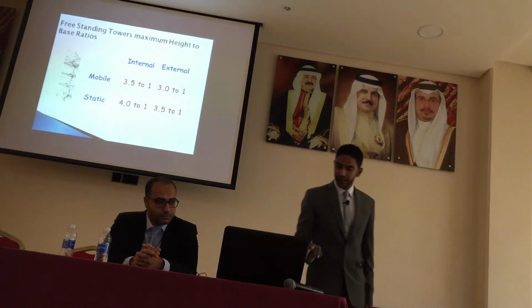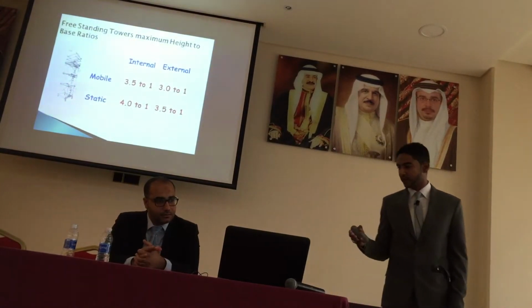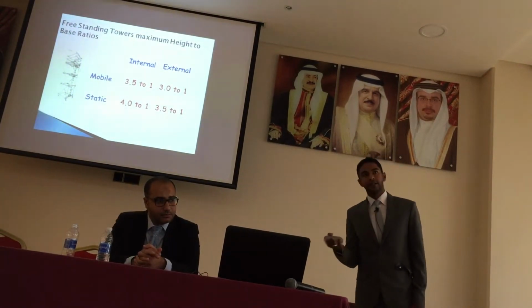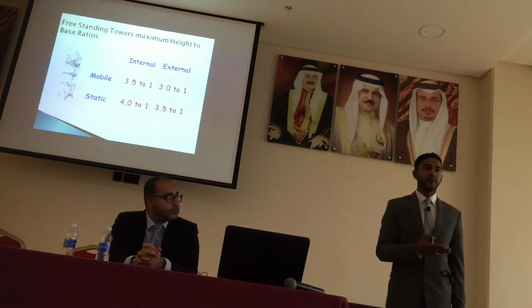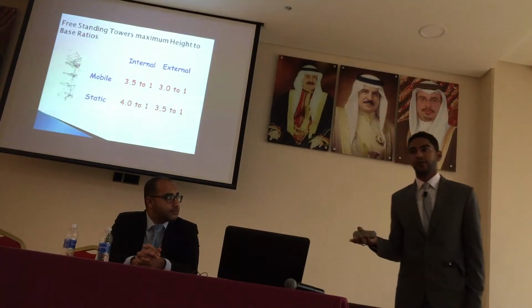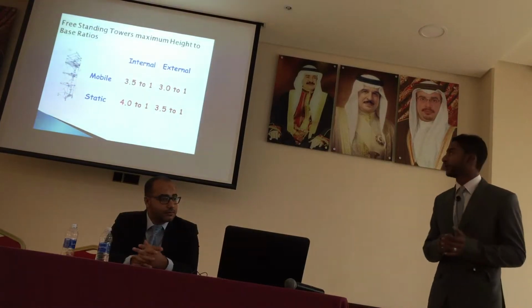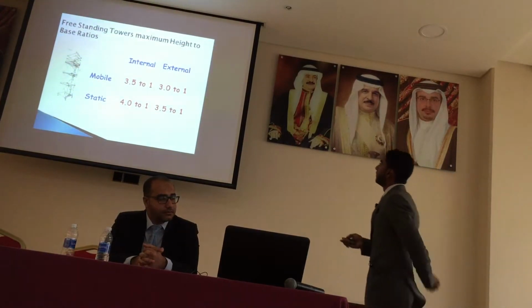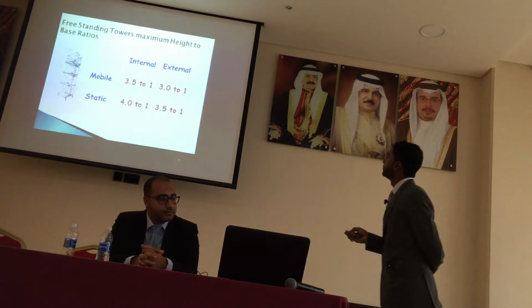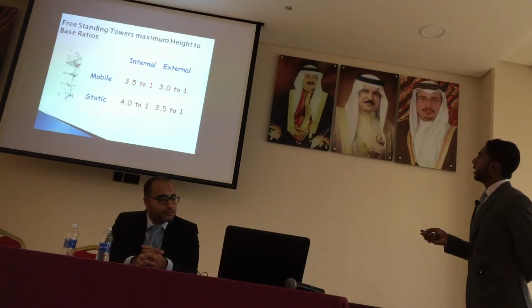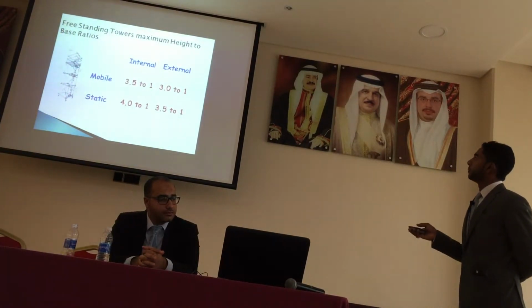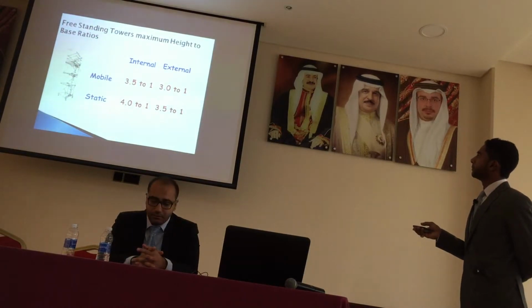Okay. I put this because I have been asked frequently about the ratio of the maximum height and how to count it. Okay? And here we are. Let's see. There are two types of scaffold towers, right?